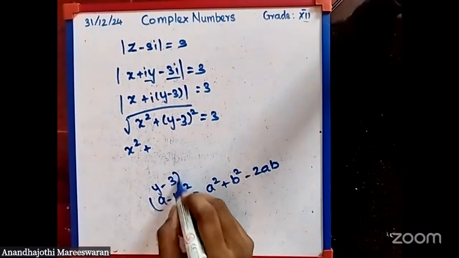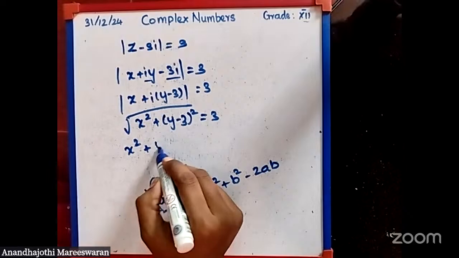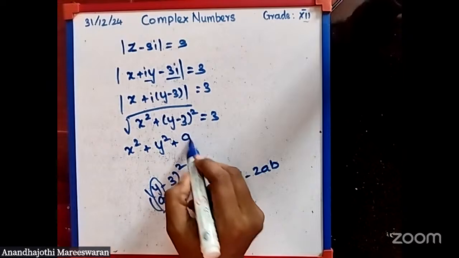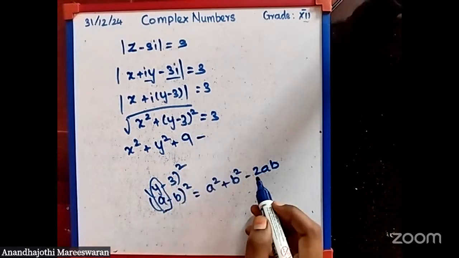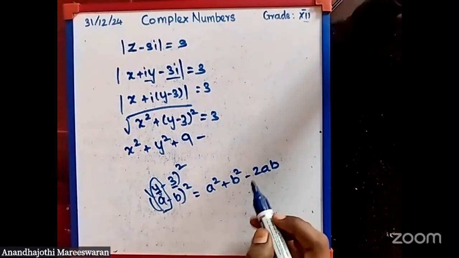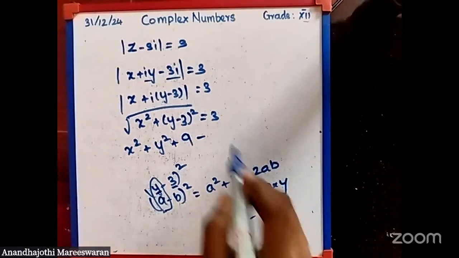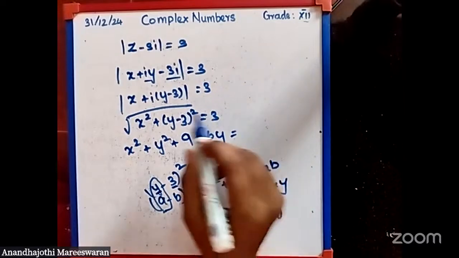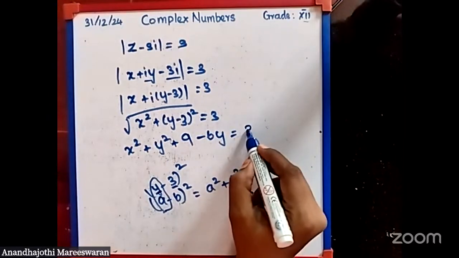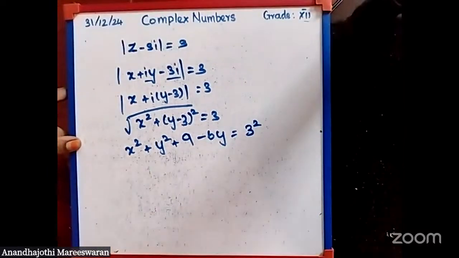So who is in the place of a? y, so y squared. Who is in the place of b? 3, so plus 3 squared, which is 9, minus 2 into 3 into y, which is minus 6y. The square on the other side becomes 3 squared.